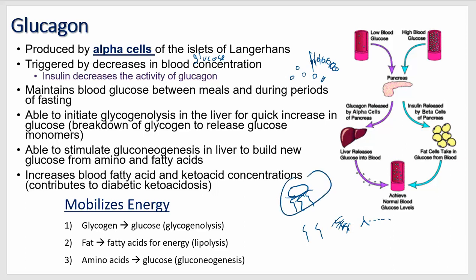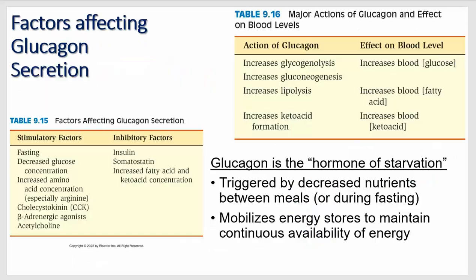So this is a fat, these are fatty acids. And then amino acids to form glucose. All right, so factors affecting glucagon secretion. We need to remember that we're mobilizing energy. Things that are going to affect glucagon secretion are decreased glucose concentration, fasting, and higher amino acid concentrations.